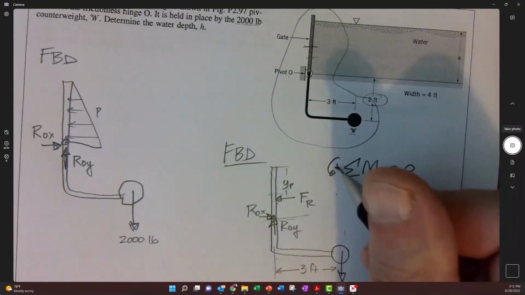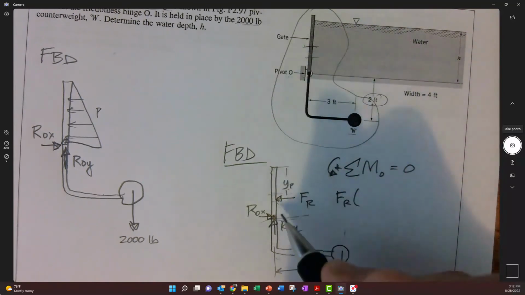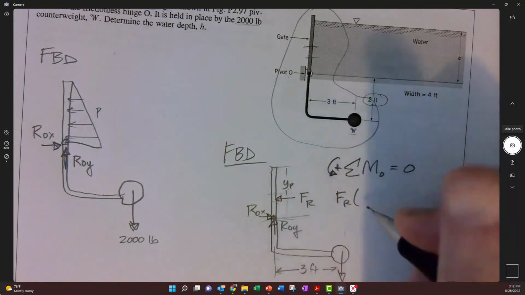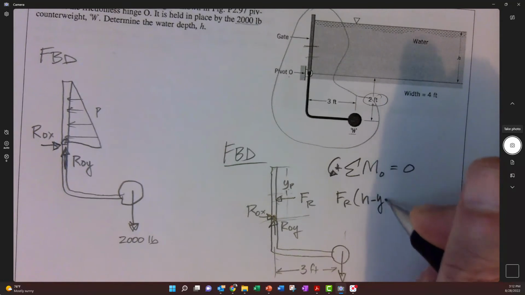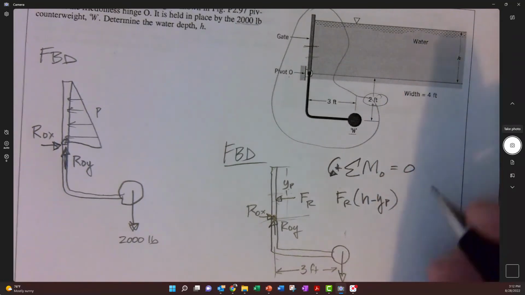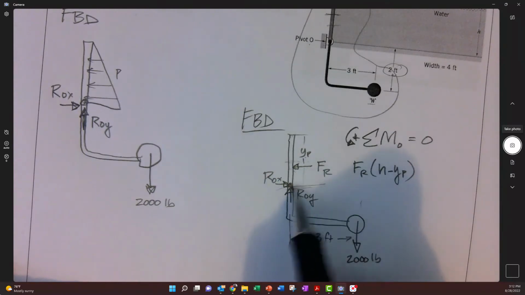That's going to be positive; generally we use counterclockwise as positive. So we have F_R times this distance, h minus y_P. And then these other forces pass through the point about which we're taking the moment, so they don't count for anything.